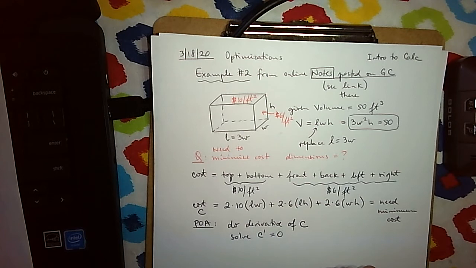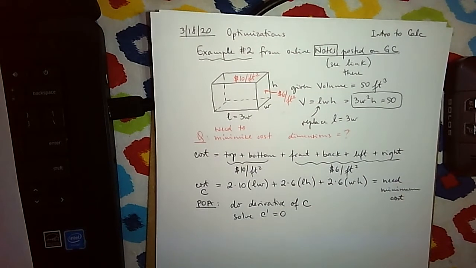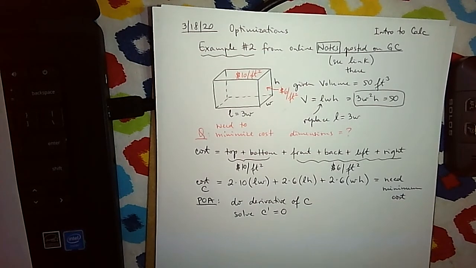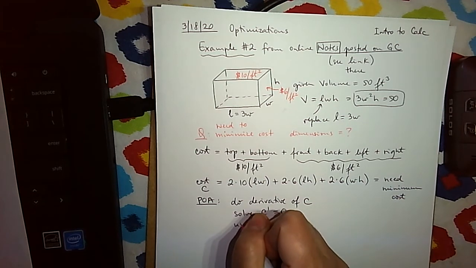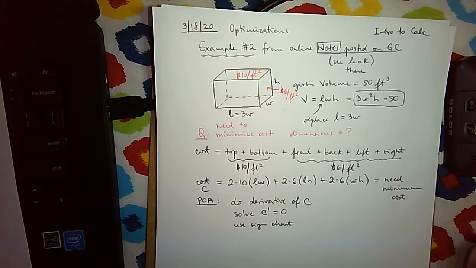We are going to have to determine what we are doing with the variables though, because there are quite a few of them here. We don't really know anything about L, W, or H. Then eventually, after we solve, we are going to use a sign chart to determine if indeed the critical point that we found will qualify to get us the minimum cost.